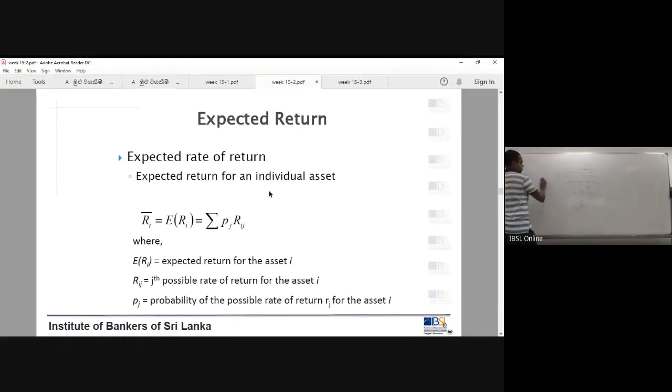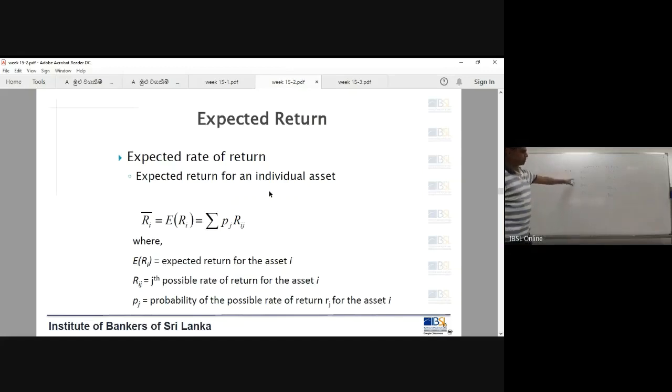So for example, if you have, let's say, invested in stocks and looking at the past history, past trends, if that particular stock has a 10% chance of giving a 5% return, 50% chance of a 10% return, and a 30% chance of a 20% return, 10% chance of a 30% return, right?